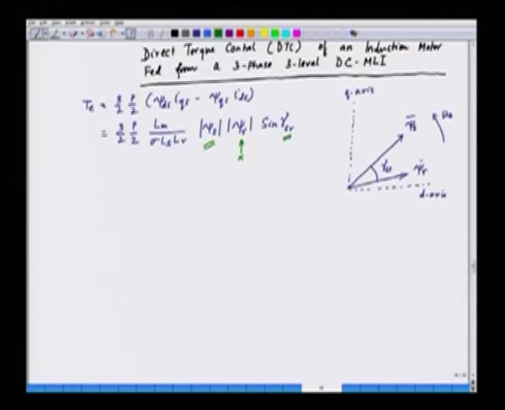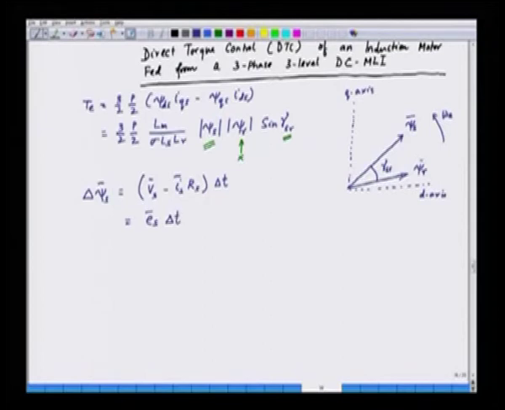We can control psi s by the following equation. Delta psi s vector is equal to the voltage minus the resistance drop, IS RS, into delta t, and that is equal to ES, the induced EMF, into delta t.